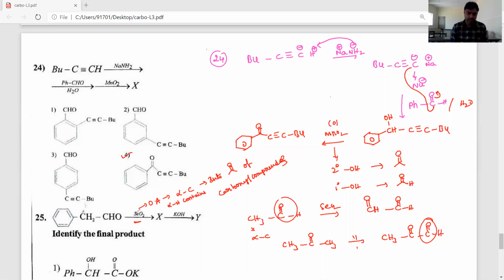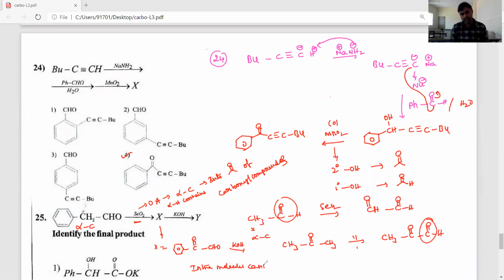Now in the same way, whenever benzyl aldehyde, this is the alpha carbon, in the presence of selenium oxide, this alpha carbon gives C=O bond CHO. It is treated with base KOH, involving an intramolecular Cannizzaro reaction.